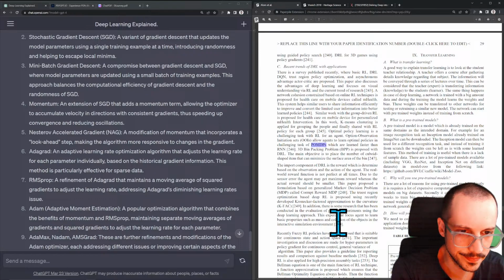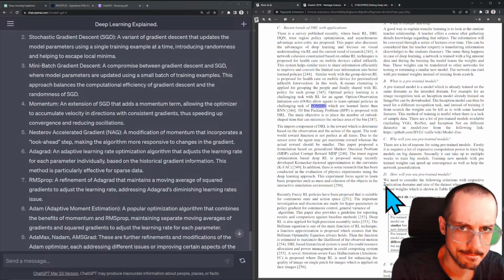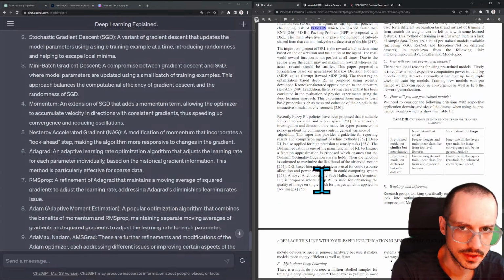Partially observable Markov decision problems, POMDP. Fuzzy RL, what the fuck is that?